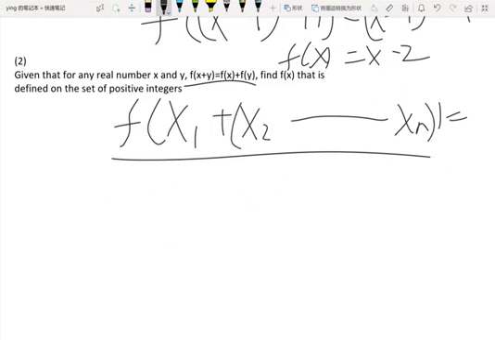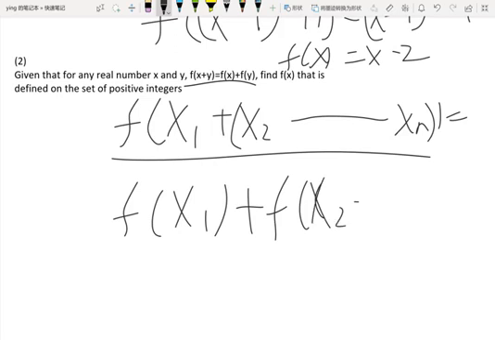this whole thing. So it should be equal to this, and this thing should be equal to this.